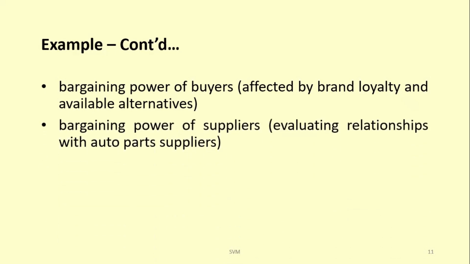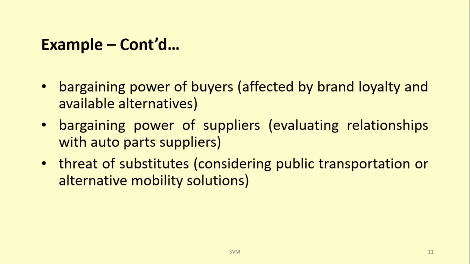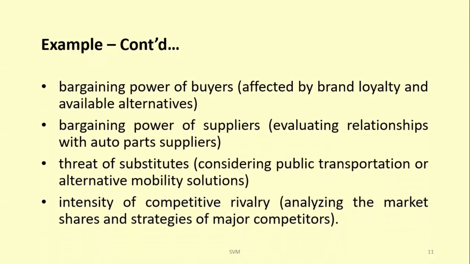Bargaining power of suppliers: you try to evaluate the relationship with the auto part suppliers. Threat of substitutes: consider the public transportation and alternative mobility solutions which are available. The last force you may compare is the intensity of competitive rivalry, analyzing the market shares and strategies of major competitors.